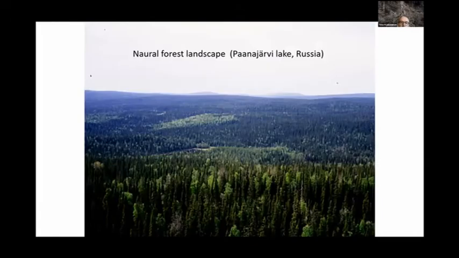And if we compare that landscape with the natural landscape, this one from the Paanajärvi region in Russian Karelia, we can see the huge difference between these two landscapes.